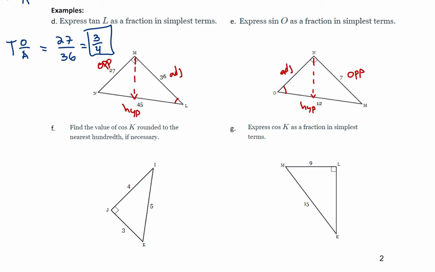Now I need to decide which one of the 3 functions I use. It says sine of O, so that means I use sine. Sine is opposite over hypotenuse. So I need my opposite, which I labeled as 7, over my hypotenuse, which I labeled as 12. 7/12. That one doesn't simplify, so that's my answer right there, 7/12.